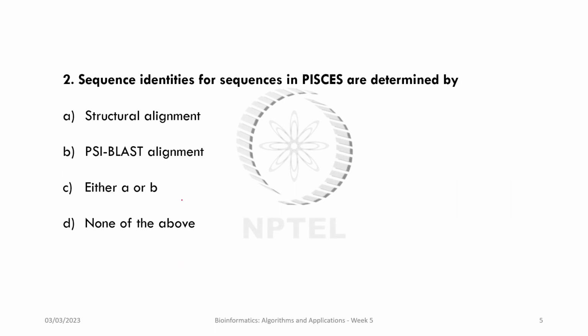Question 2. Sequence identities for sequences in Pisces are determined by option A, structural alignment, B, blast, C, either A or B, and D, none of the above. Thank you, Devangana.